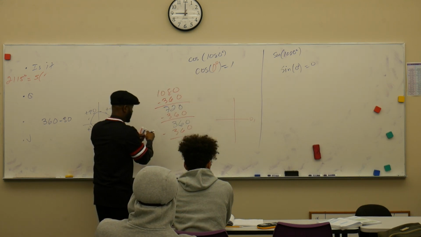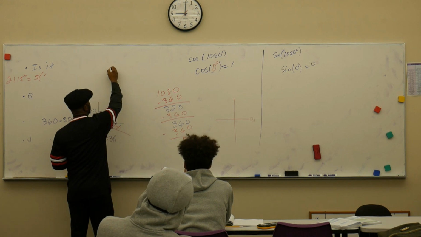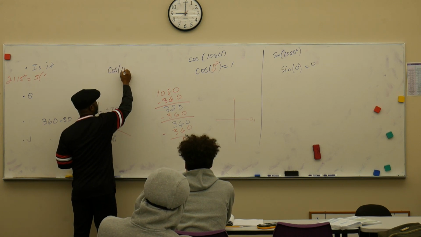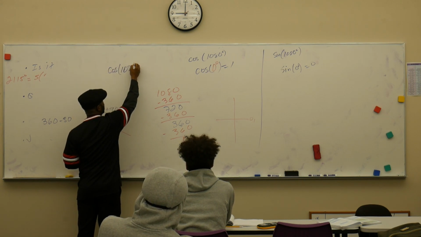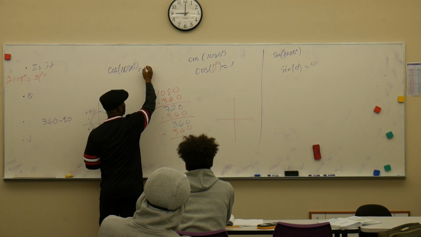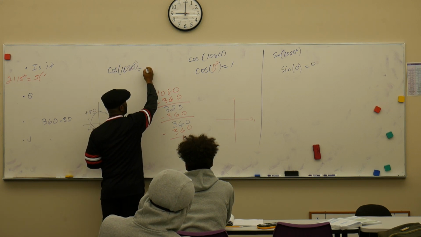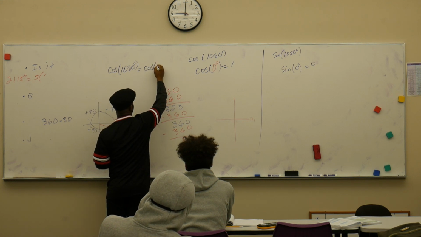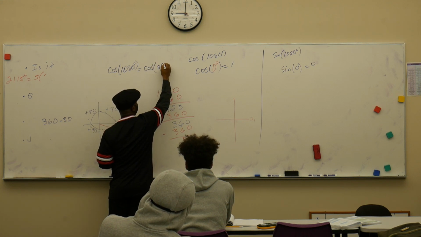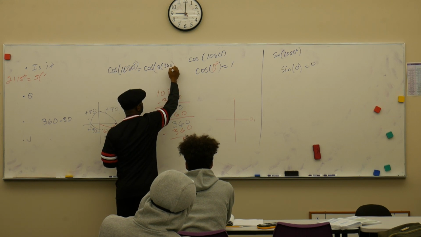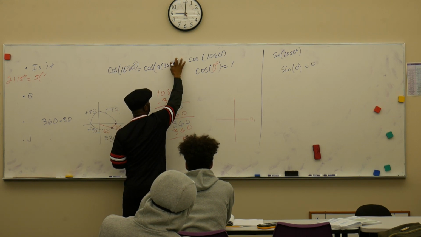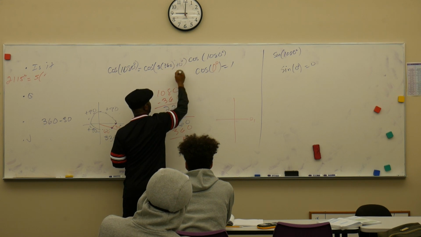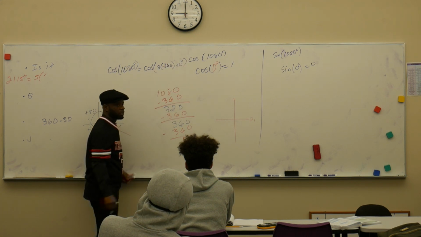Technically, I could write cosine of 1080 to be the cosine of 3 times 360 plus 0 degrees, right? This is gone.